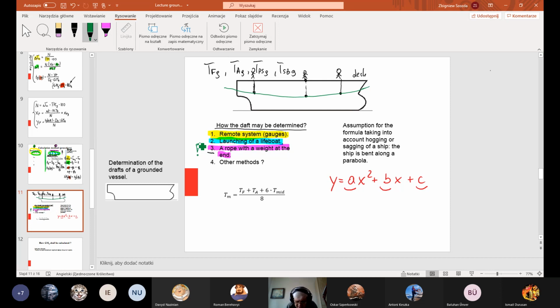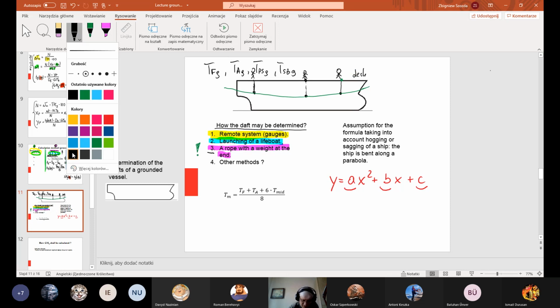Rather, to measure drafts in another way, just determine the distance between points on the deck and the water surface and you have the actual water line like this.